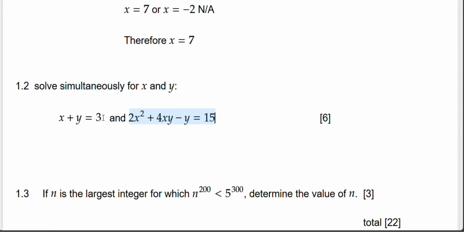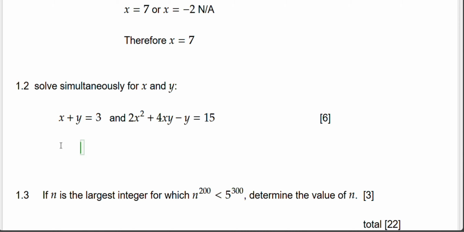So let's start with this one, a linear equation. So we need to make y the subject of the formula. You can also make x, it's going to work, but y for this one, to me, is a good approach. So I'm going to make y the subject of the formula, which is going to be 3 minus x.